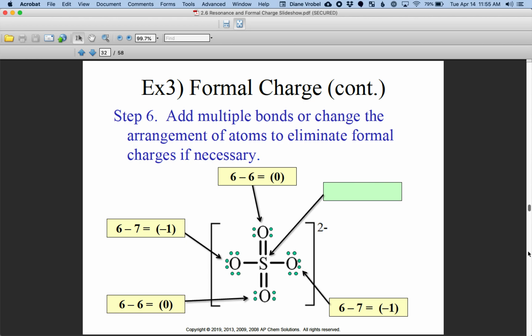We have two oxygens with a formal charge of -1. We have to have an overall -2 charge with this compound. And because of the number of covalent bonds and the number of valence electrons available to the sulfur, the overall formal charge for sulfur is 0. This actually is lower or closer to 0. So as a result of it, this is probably the more accepted Lewis structure.